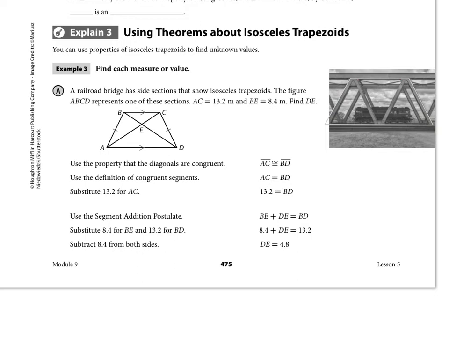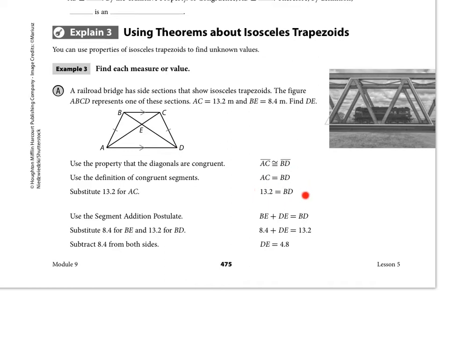AC, we're told, is 13.2 meters, so that's this diagonal. And then we're told that this part of diagonal BD, just BE here, is 8.4. What we want to find is the rest of that diagonal BD, which is DE. So we're going to use the property that the diagonals are congruent to begin with. AC is congruent to BD.